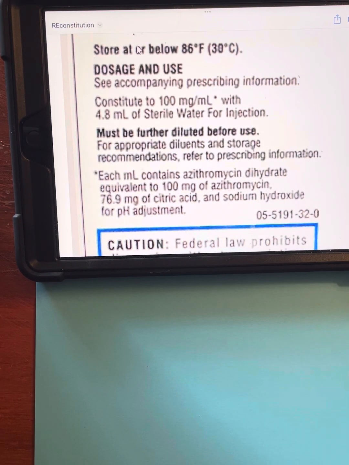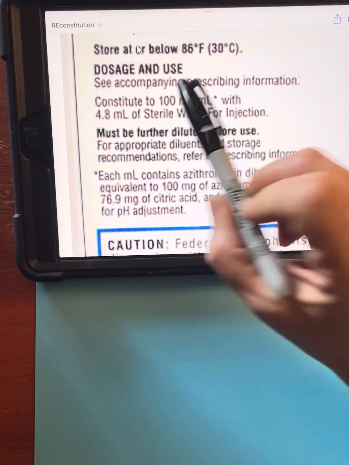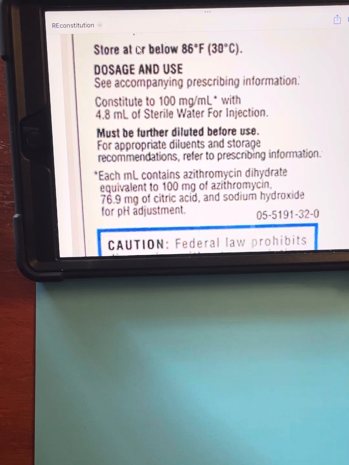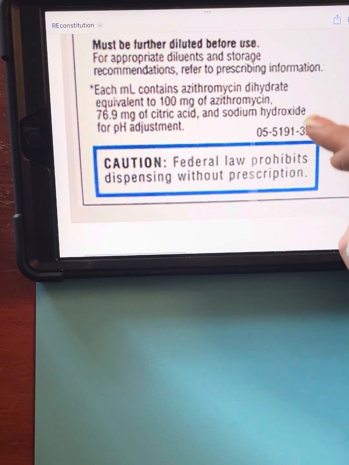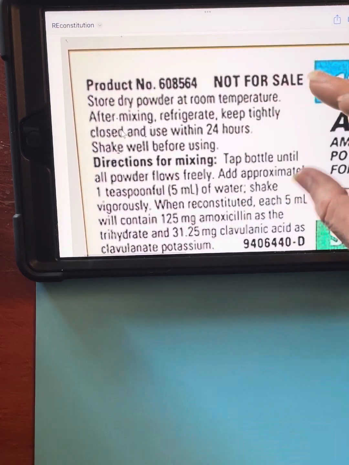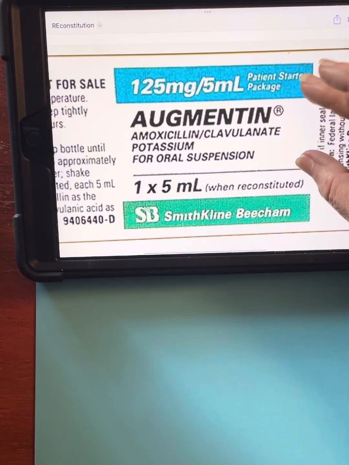You getting it? All right. But when we have to figure the dosage, we're using that per right there. Of course, you must dilute it before use, because how are you going to shoot a powder in the booty? It's a shame they felt they had to say that. Okay. And so look, here's another one. This is Augmentin.